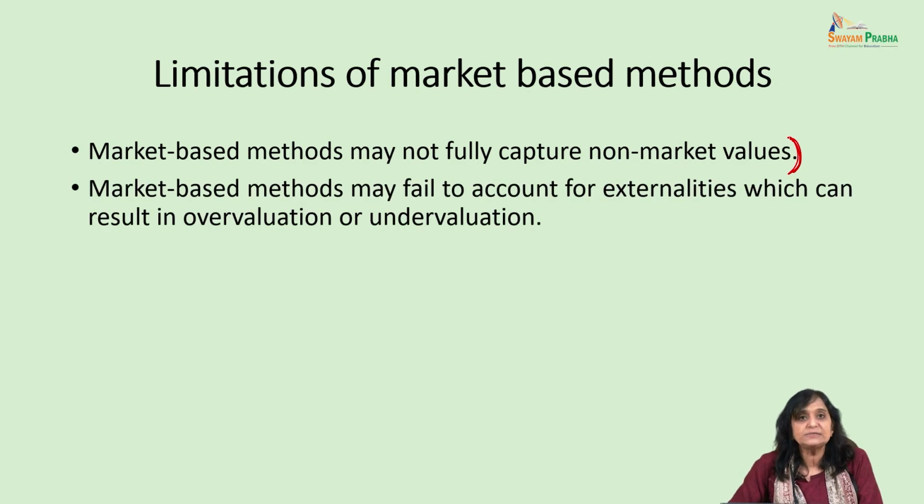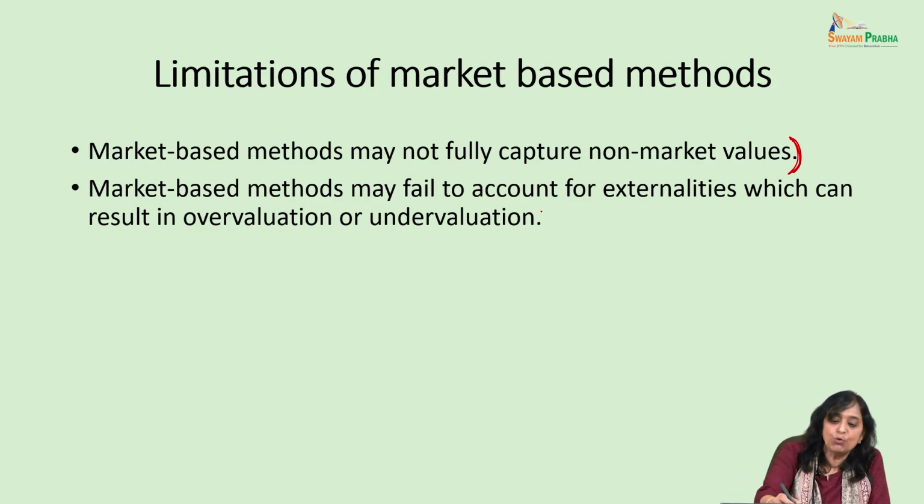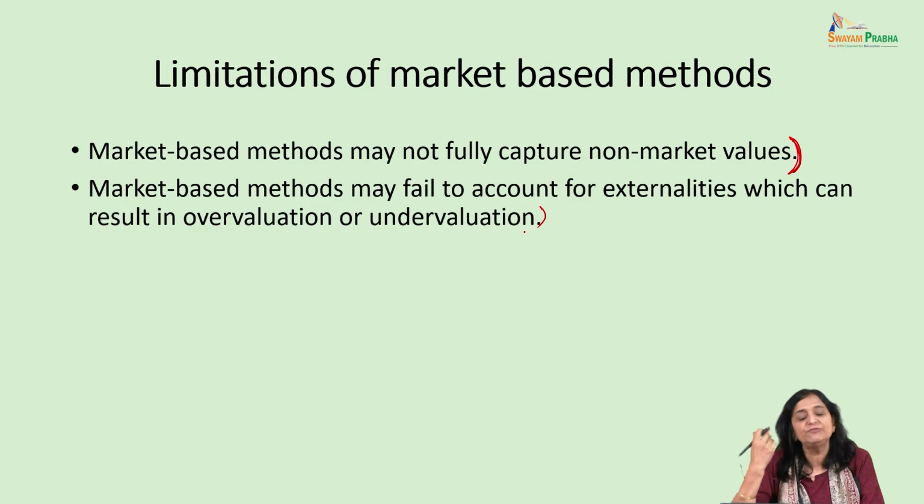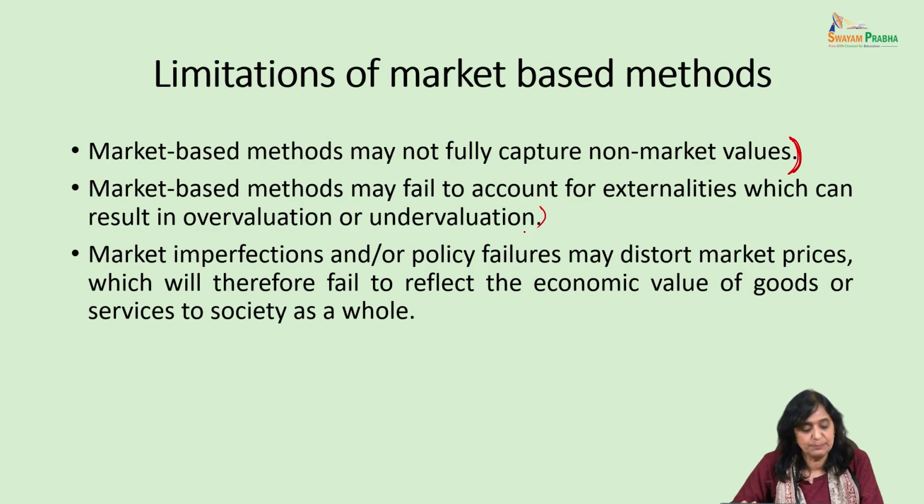Then market-based methods may also fail to take into account the externalities, which can result in overvaluation and undervaluation, which we have talked previously on how externalities happen and then how overproduction or underproduction is happening, and then how taxes, subsidies, or charges can be used to correct it. But market-based methods may fail to take into account the externalities because they are relying on the market price.